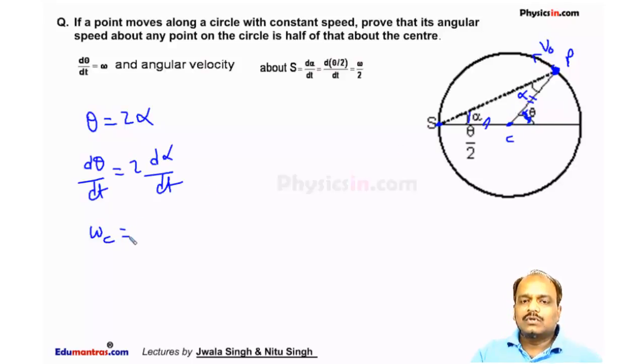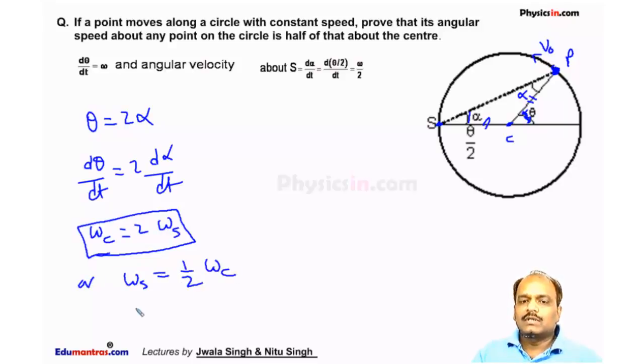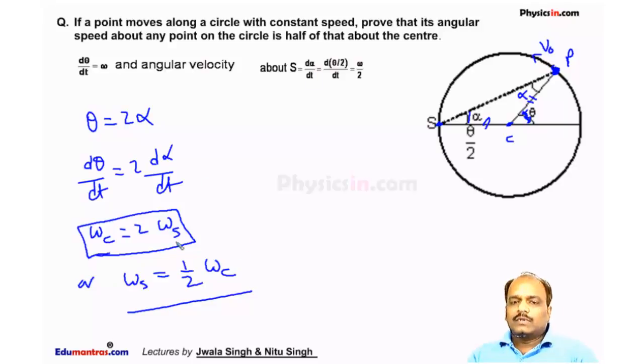This is equal to 2 times d alpha by dt, which is omega about S. So omega about C is 2 times omega about S, or omega about S is 1 by 2 times omega about C. So this is the proof that the particle has half the angular velocity as that at C.